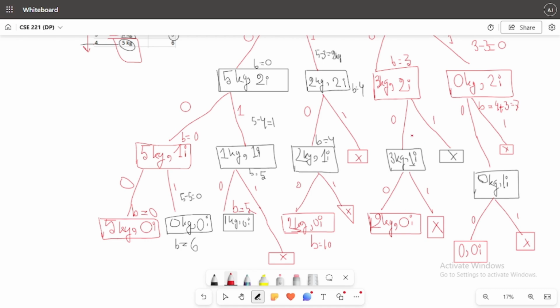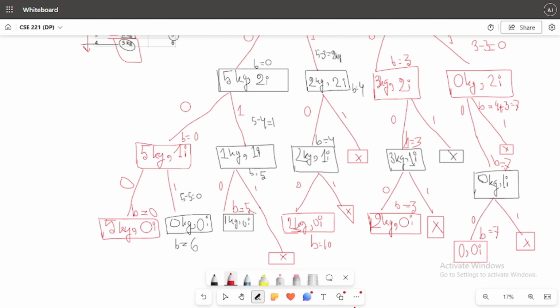And for this one the previous benefit was 3, so it will be 3 because 0 plus 3 is 3. And for this one the benefit was 7, right? Now for this it will also be 7.